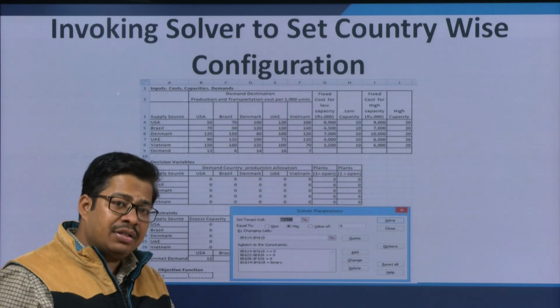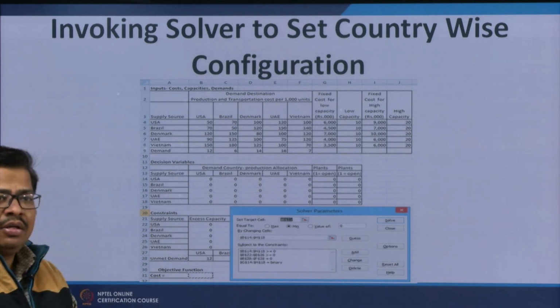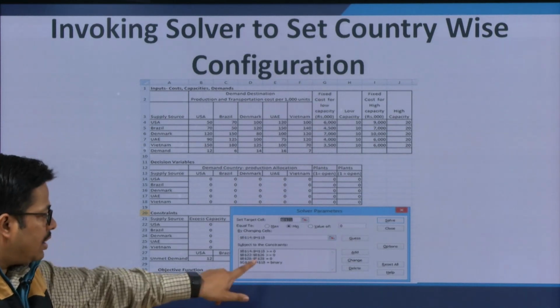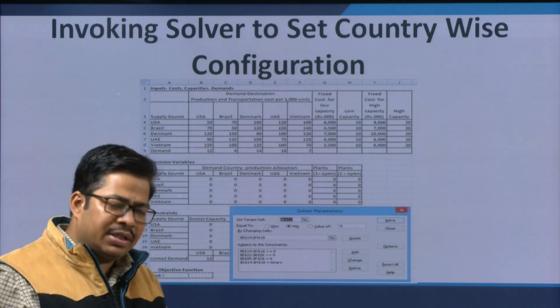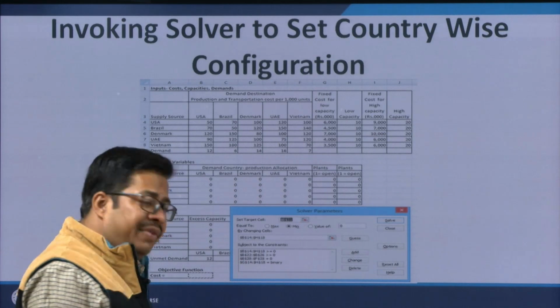But in that case, there will be a big challenge, because we want to minimize the model. So what will happen? Minimization will lead to maximum. If you put that, there can be a positive value of B28 to F28.